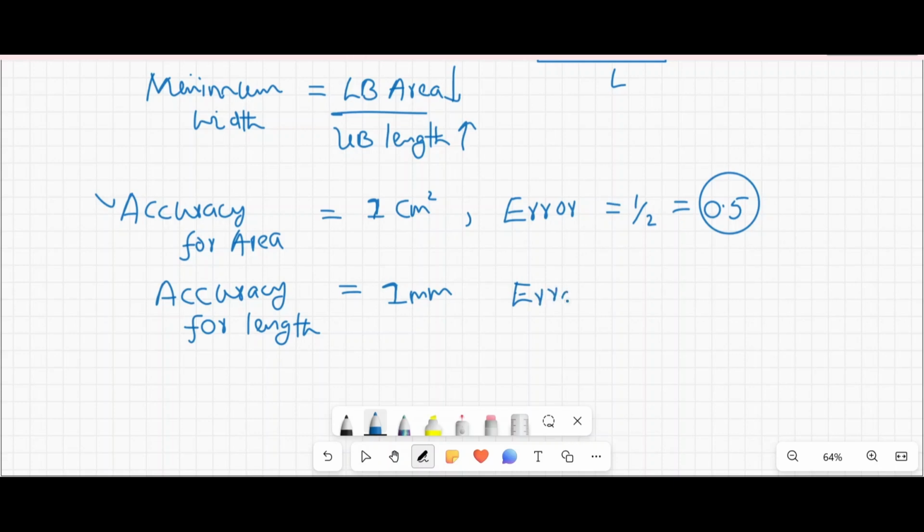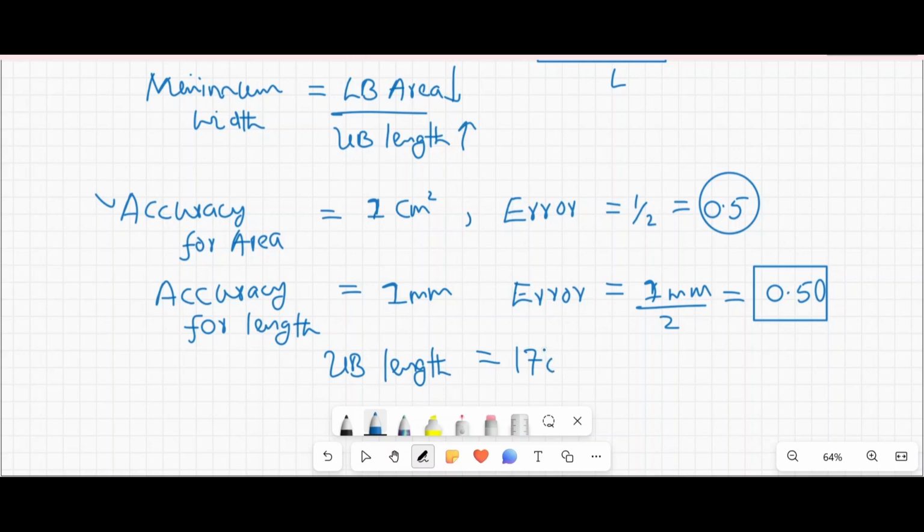So the error for accuracy, 1 millimeter divided by 2, you will get 0.5. So now the error is 0.5. So the upper bound for the length is 178 plus 0.5. You will get 178.5.